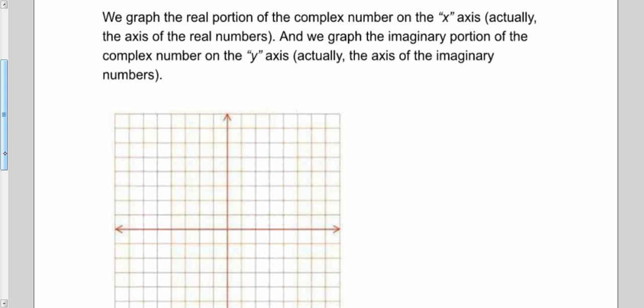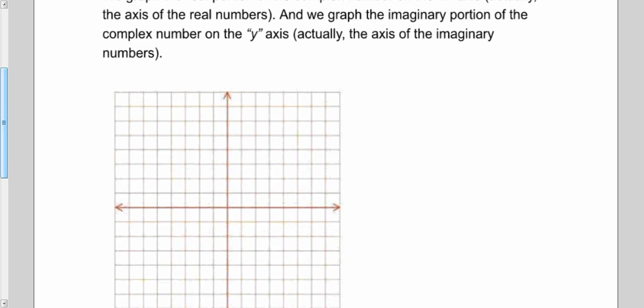So what we do is we take the x-axis and we make that our real component. So this is going to be my A, right? I'm going to take my y-axis and make it my imaginary component. So this is going to be my Bi axis. Okay?